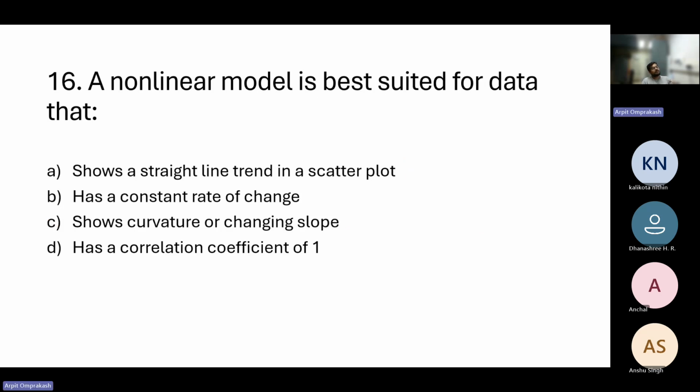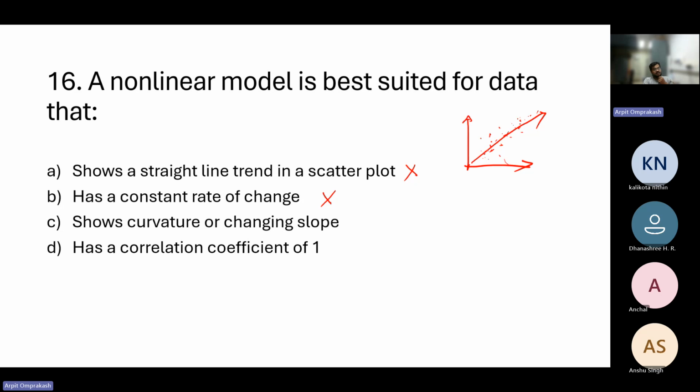A nonlinear model is best suited for data that shows a straight line trend in a scatter plot. No, if it shows a straight line trend in a scatter plot, so if you have data like this, it might be following a linear relationship. It might not be nonlinear. It might just be like this. Has a constant rate of change.